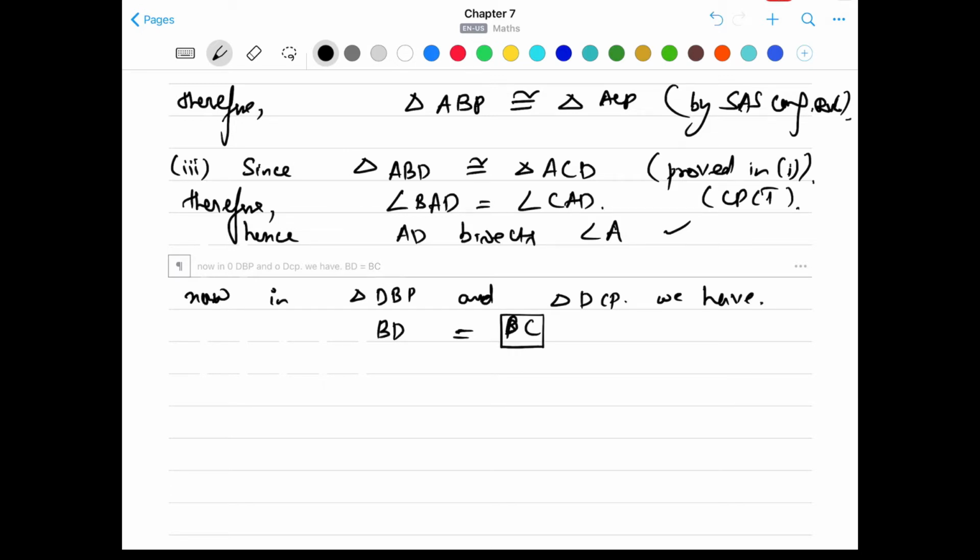BD is equal to DC because they are the opposite sides of the congruent isosceles triangle DPC.